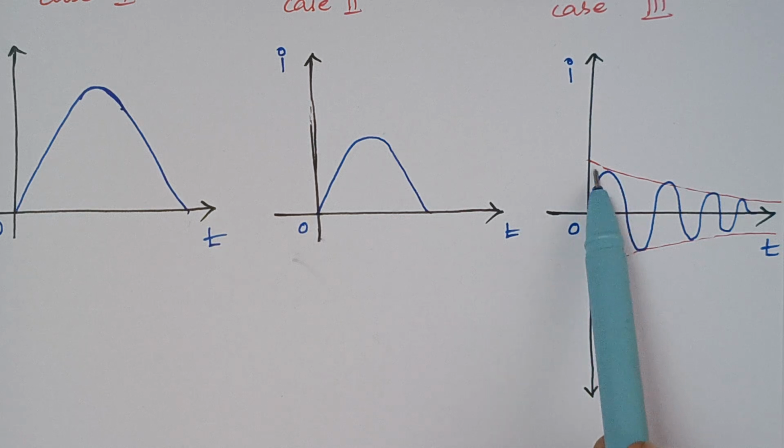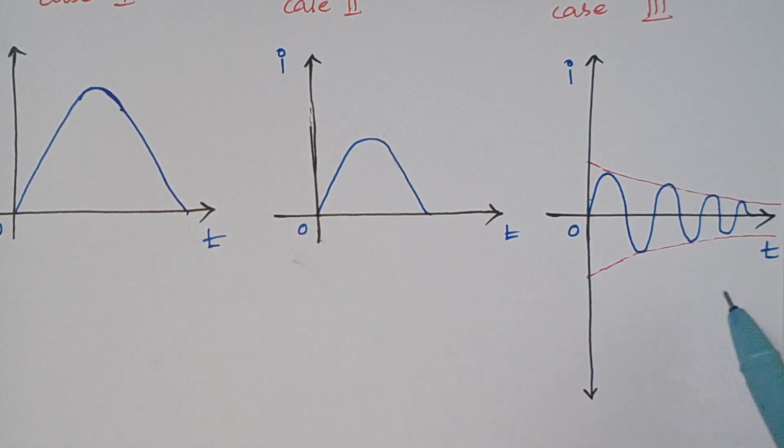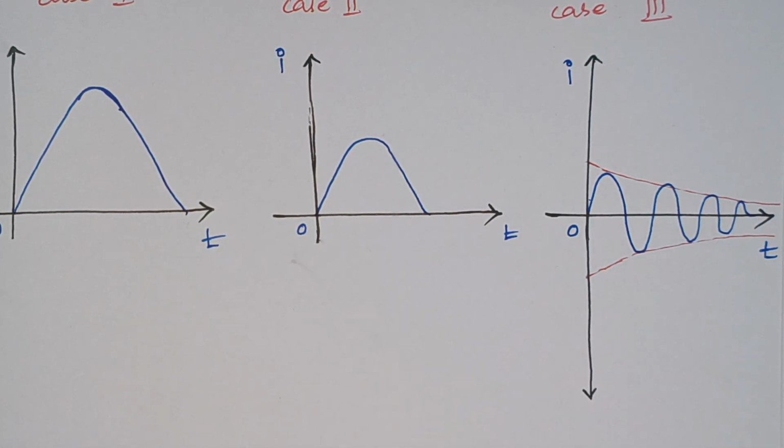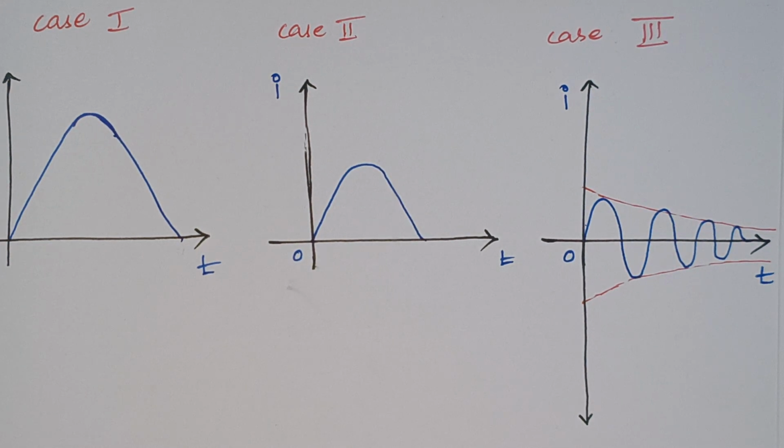Here you see the amplitude is higher, but in this case the amplitude is also reduced. So the third category is that the current is oscillatory, and at the same time it starts decaying with time. So these are the respective graphs for your current in all the three cases.